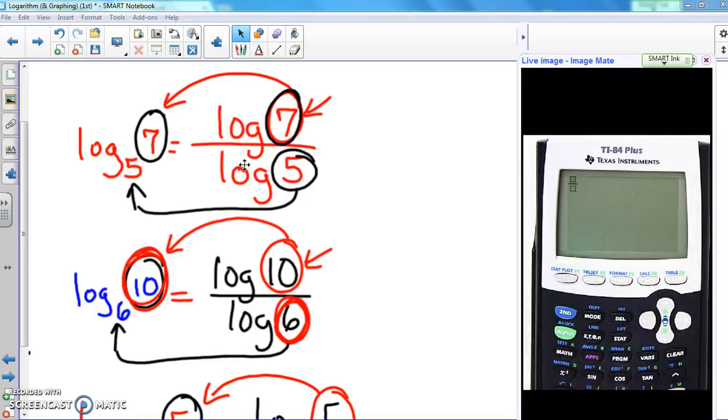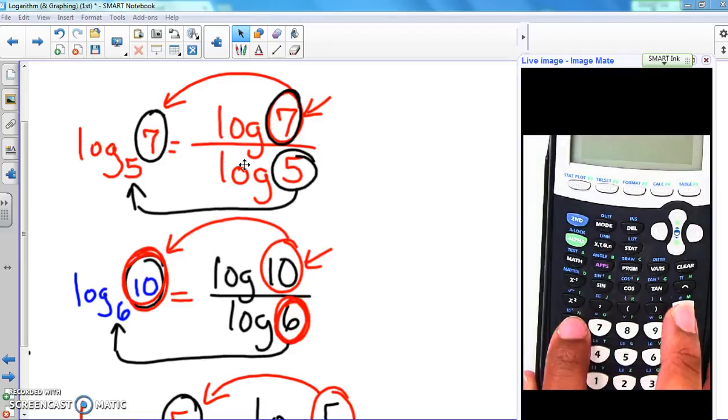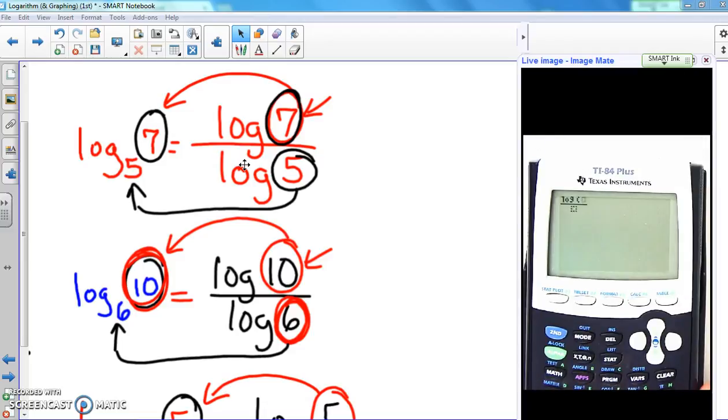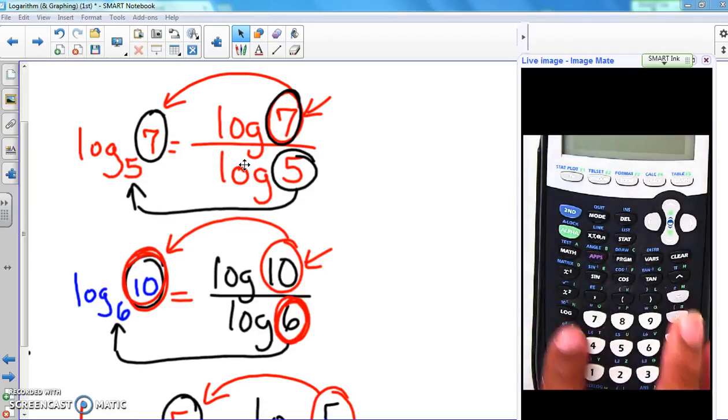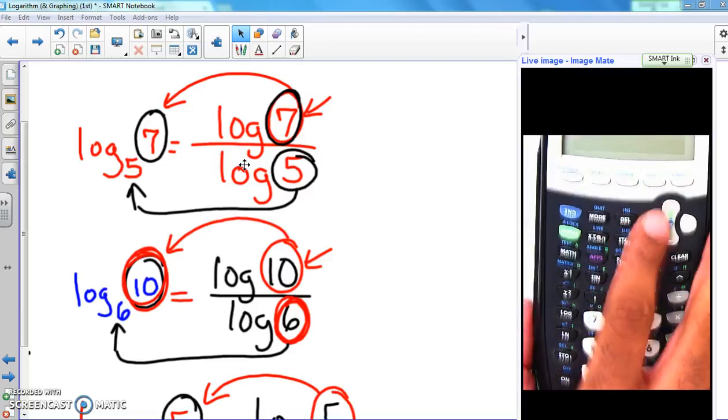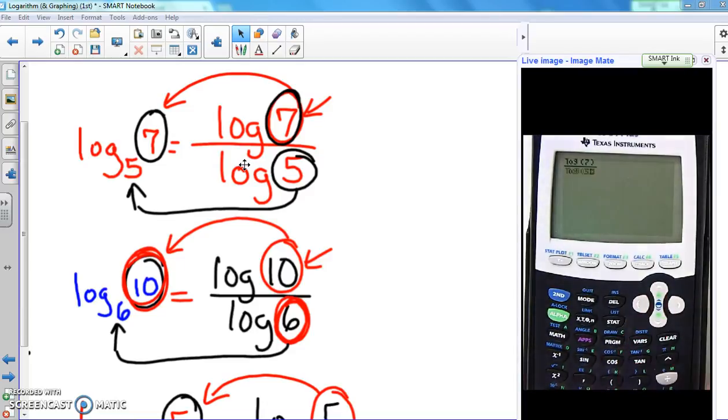And we're going to hit the log button here, log 7, and close it off. And on the bottom, we hit the log button again, and 5, and close it off. Hit enter. And that's it. That's our answer. So 1.209 is our answer here.